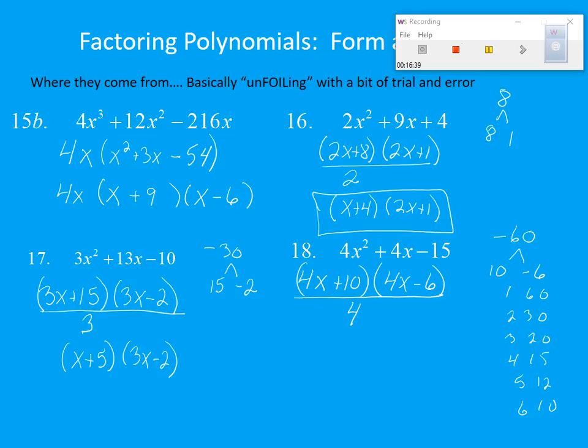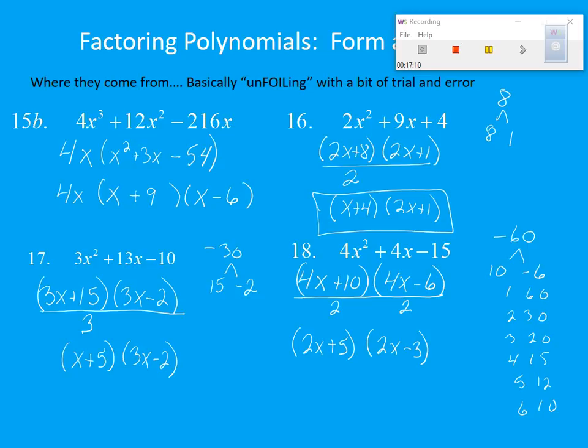So I'm going to break down the 4. Instead of trying to divide one of them by 4, I'm going to divide the first one by 2 and the second one by 2, because 2 times 2 is 4. Now when I do this, I'm going to have 2x plus 5 times 2x minus 3. So I had to break it down. I had to split that up a little bit.